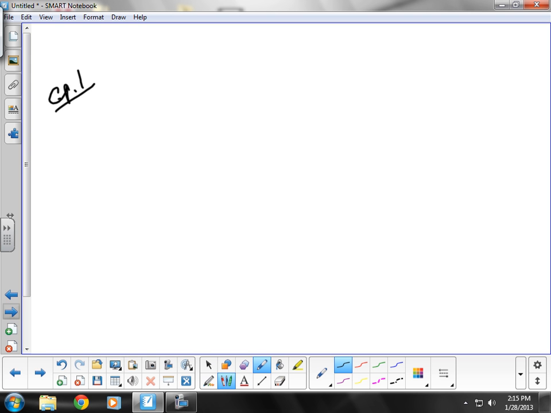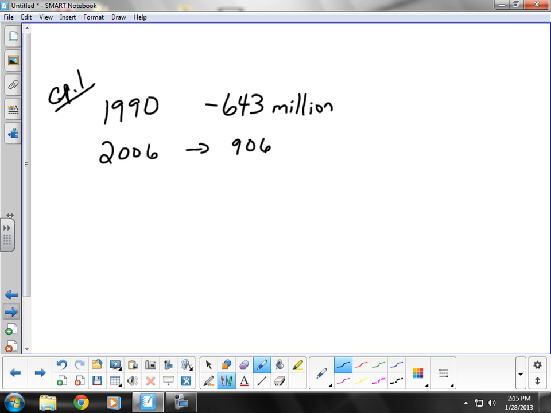Checkpoint 1 says that in 1990, the population of Africa was 643 million. By 2006, the population had grown to 906 million.